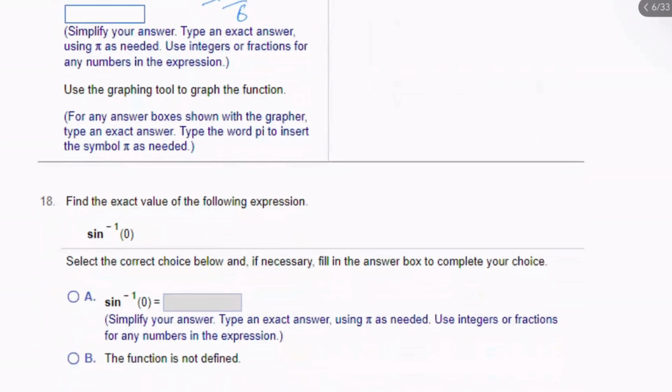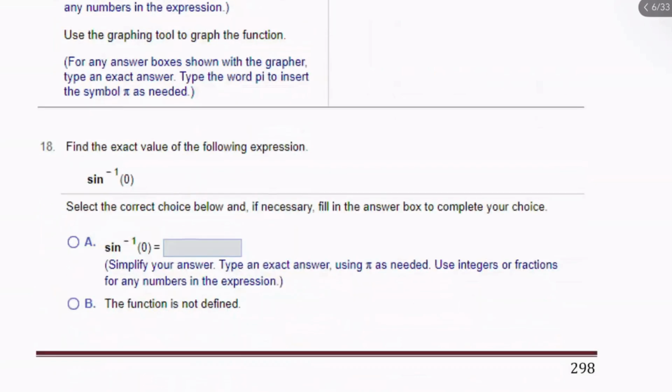Okay. What about here? What this implies is sine theta is equal to 0. So the question is, what theta do we need to get 0? Obviously theta here is 0.